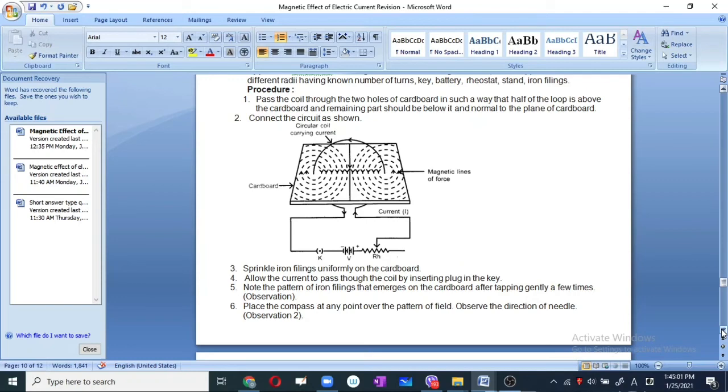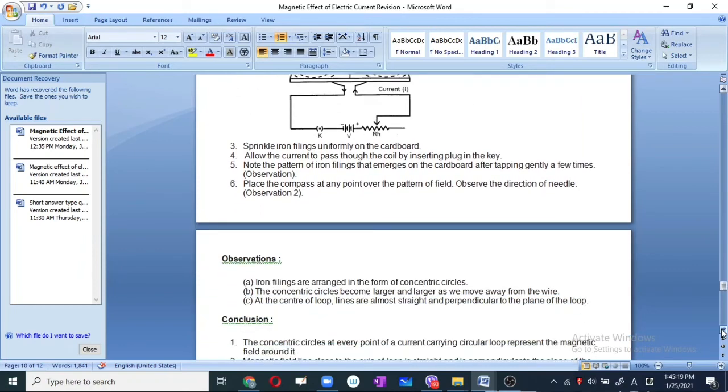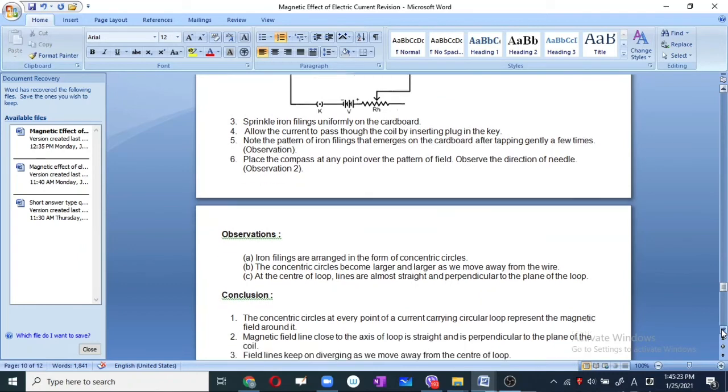We gently tap so that the iron filings take the shape of the magnetic field lines as shown in the figure. Place the compass at any point over the pattern of the field and observe the direction of the needle. For finding the direction, we can simply use a magnetic compass.